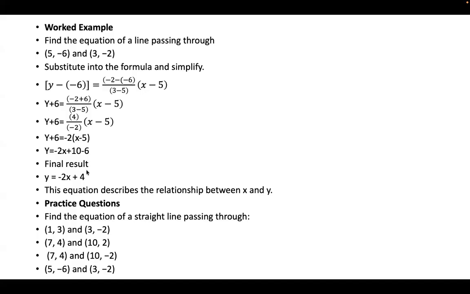You have to look for the M first. The M is Y2 minus Y1 over X2 minus X1, before you come and use the point slope. The Y2 minus Y1 over X2 minus X1, you get -5/2, which will be negative 2.5.